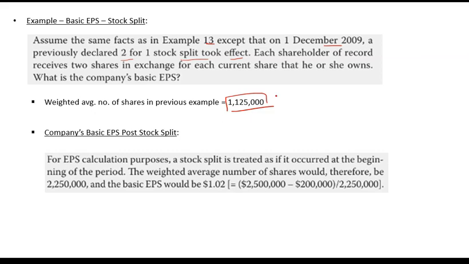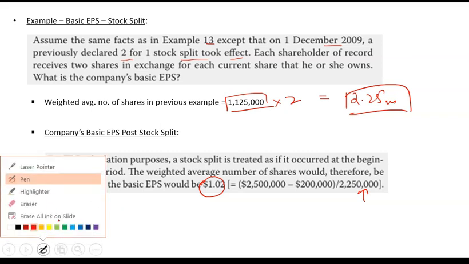We will convert each of these shares into 2 shares to adjust for 2-for-1 stock split, so we will simply multiply it by 2. 1.125 million into 2 becomes 2.25 million. And when we use it in the denominator to calculate our EPS, it will be 1.02 in this particular example. So this is how we adjust for stock split.